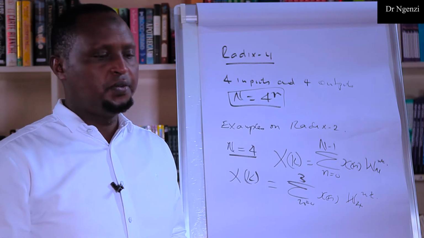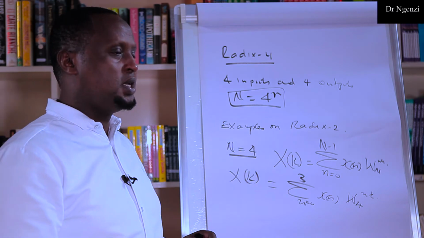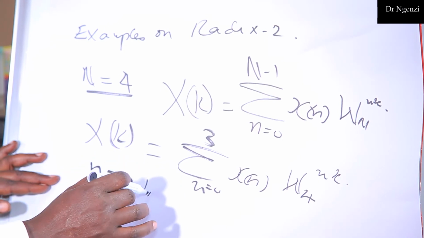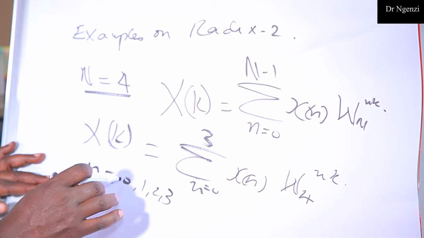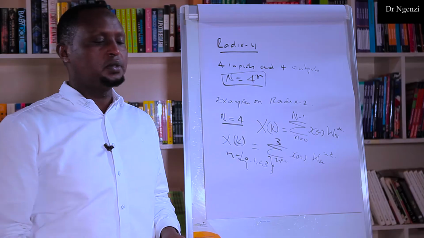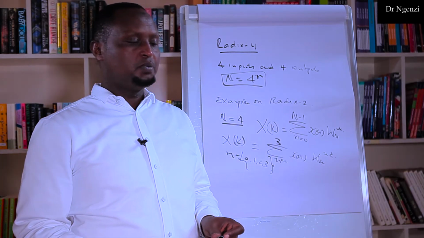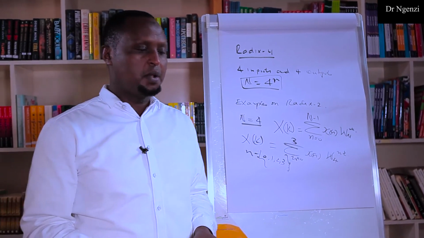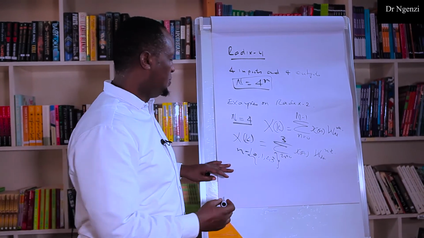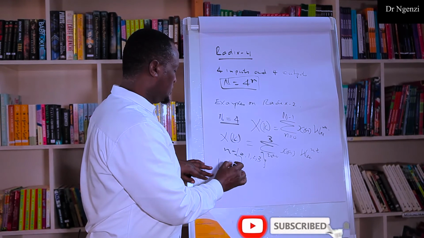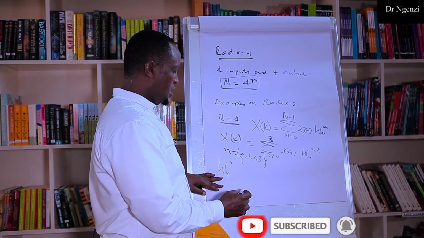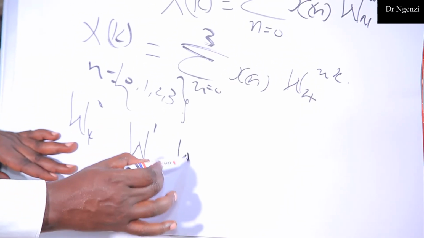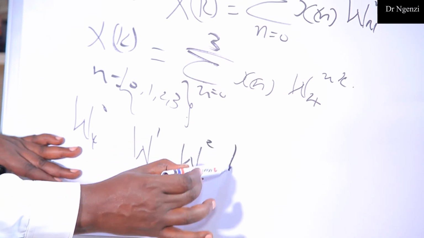If we begin with n values from n equals 0 up to 1, 2, and 3, then you can substitute these numbers, for example, W4 to the 0, W4 to the 1, W4 to the 2, and W4 to the 3.